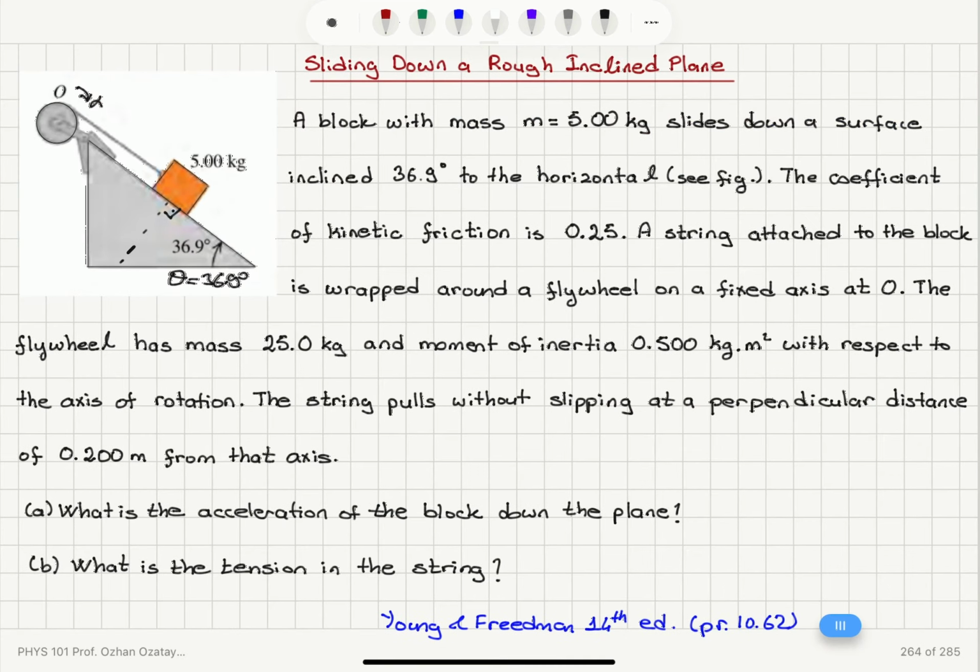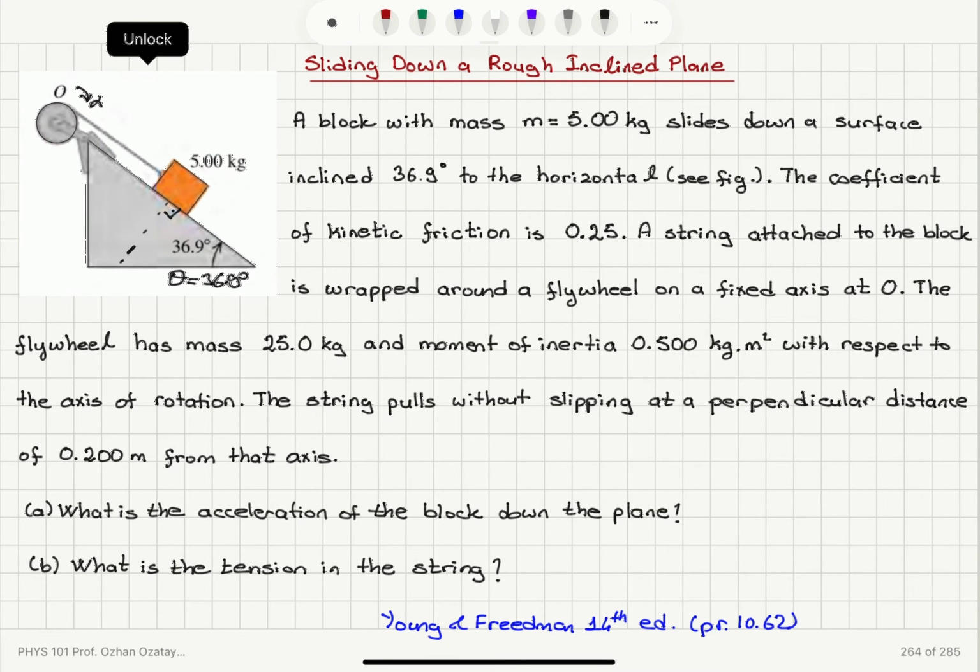Okay, let's summarize. We have this block with mass 5 kilograms accelerating downward on this incline under the influence of kinetic friction, which is opposing it, and the tension. And there will be a normal force for the contact between the block and the inclined plane. And this tension is acting on this flywheel and giving it a torque so that there will be no slipping and it will be rotating in the clockwise direction.